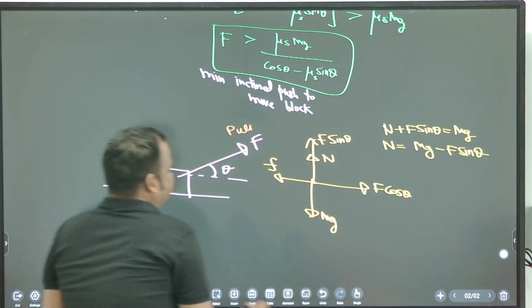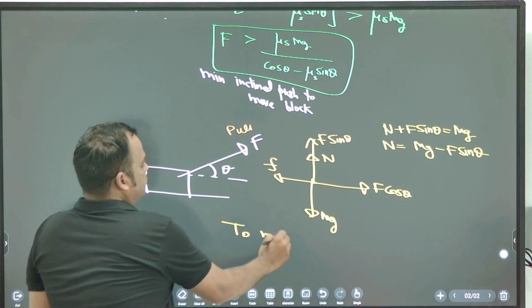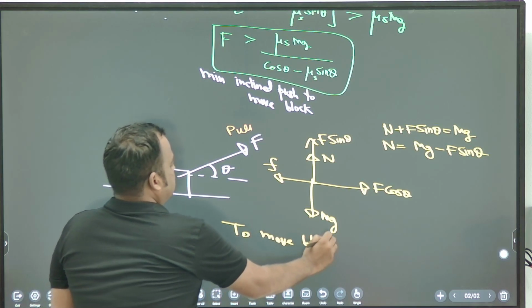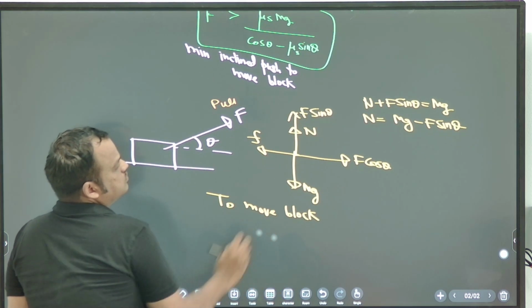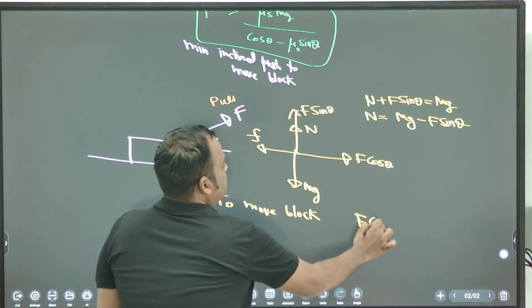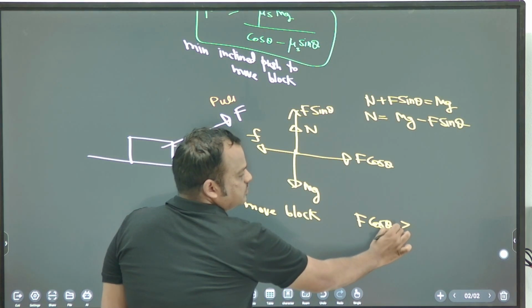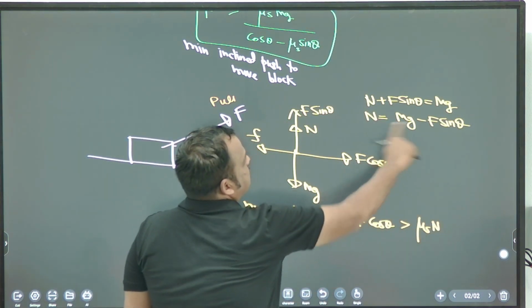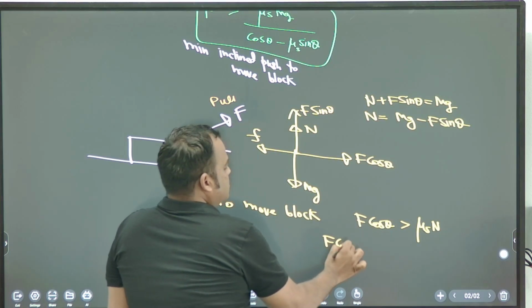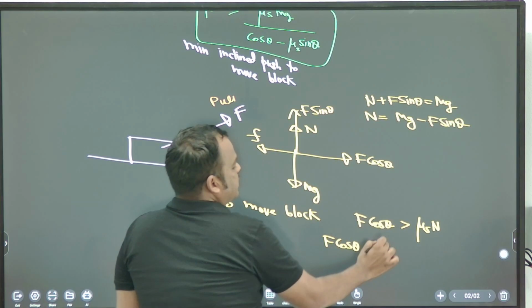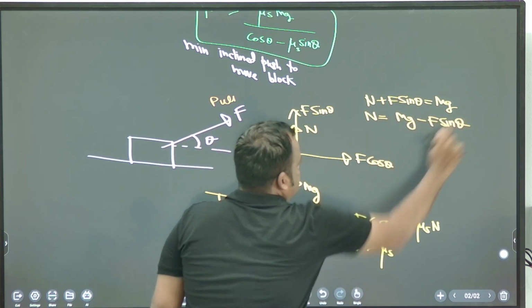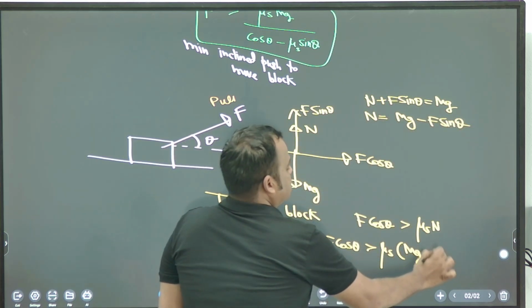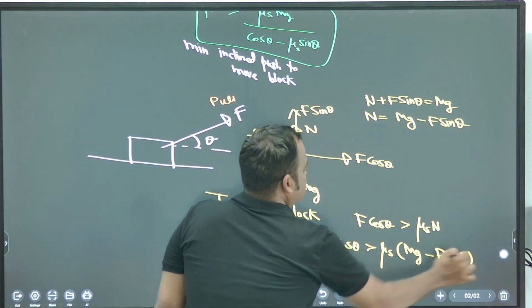Good. Now to move the block, what is the condition? F cos theta must be greater than mu s n. N is mg minus f sin theta. Now solve this.